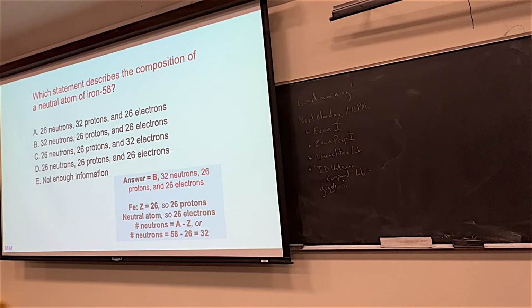So this thing has 32 neutrons, 26 protons, which comes from the atomic number, and because it's neutral, it'll also have 26 electrons. Any questions on that? Cool.